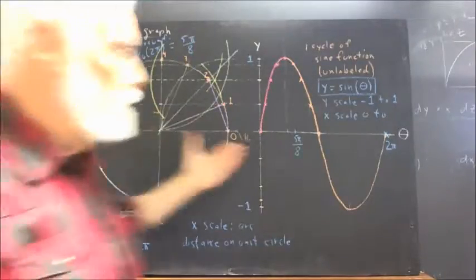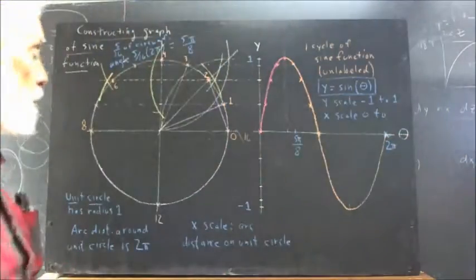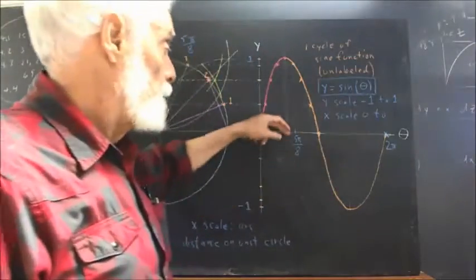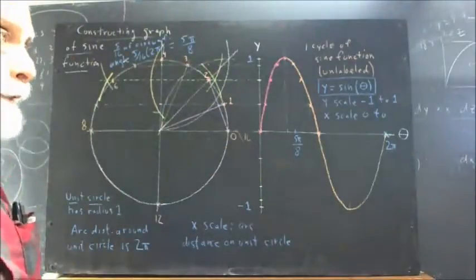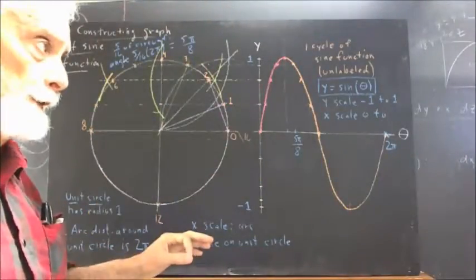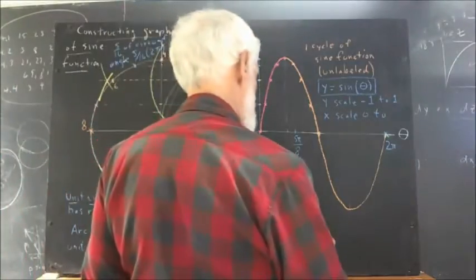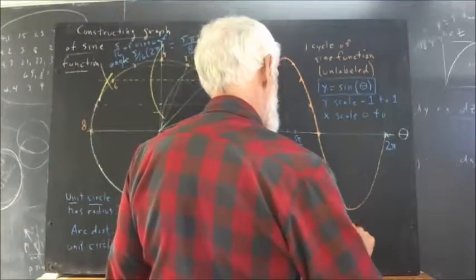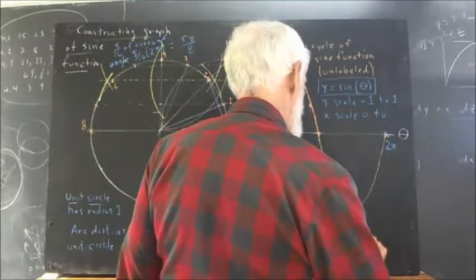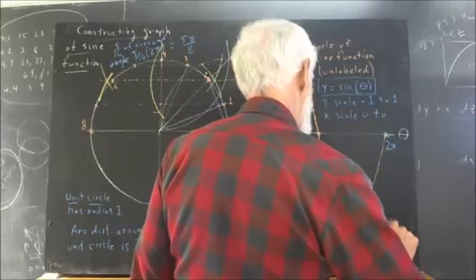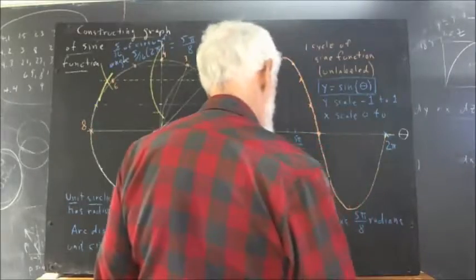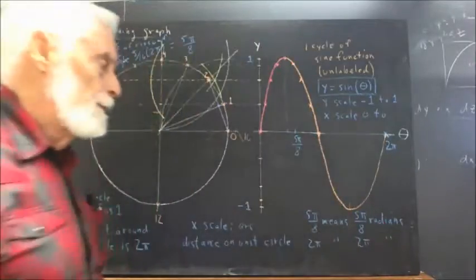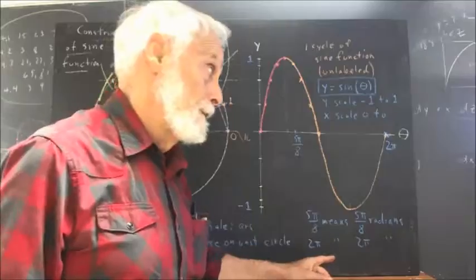Now, when we use this measure of angle, we can just say the angle is 2 pi. The angle is 5 pi over 8. If we have to call it something, we call it radians. So 5 pi over 8 means 5 pi over 8 radians. 2 pi means 2 pi radians.